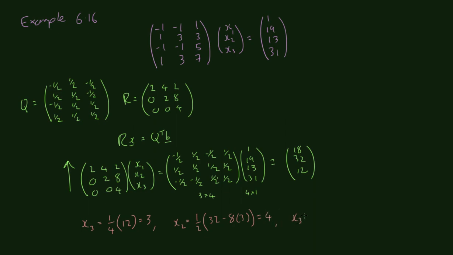For x1, the coefficient of x1 is 2, so that's 1/2, times 18 minus 4 times x2, so 18 minus 16, that's 2, minus 2 times x3, so minus 6, so that's minus 4 divided by 2, which gives me minus 2. And that's your solution using QR decomposition.